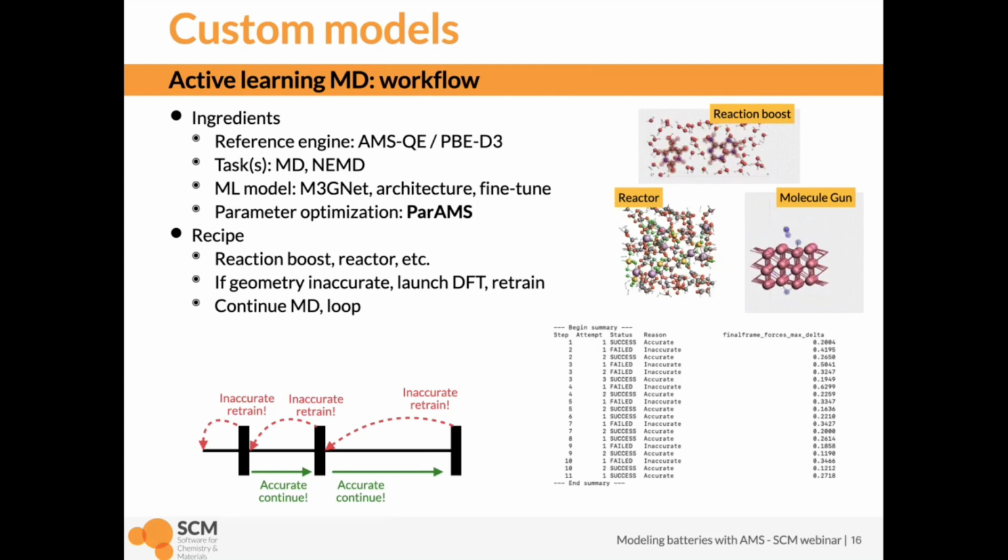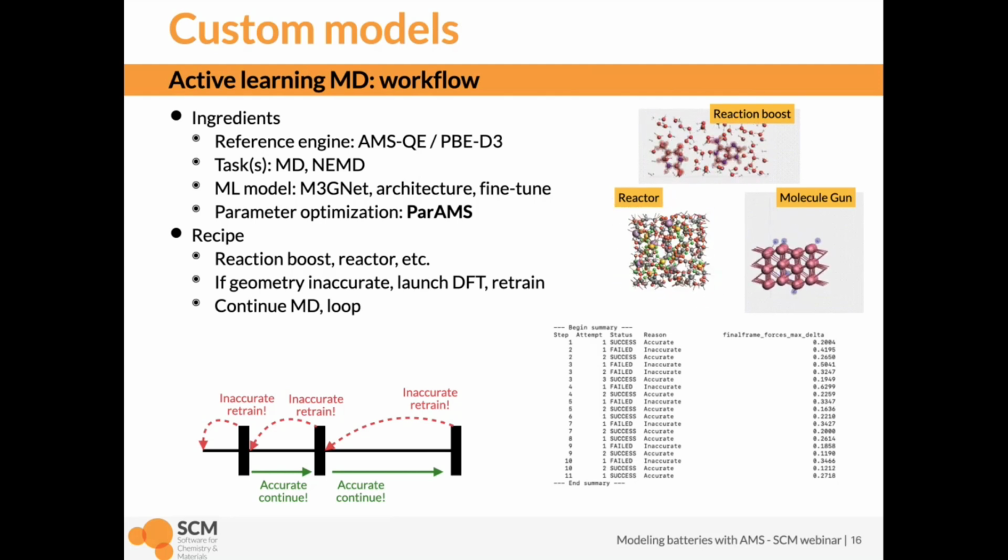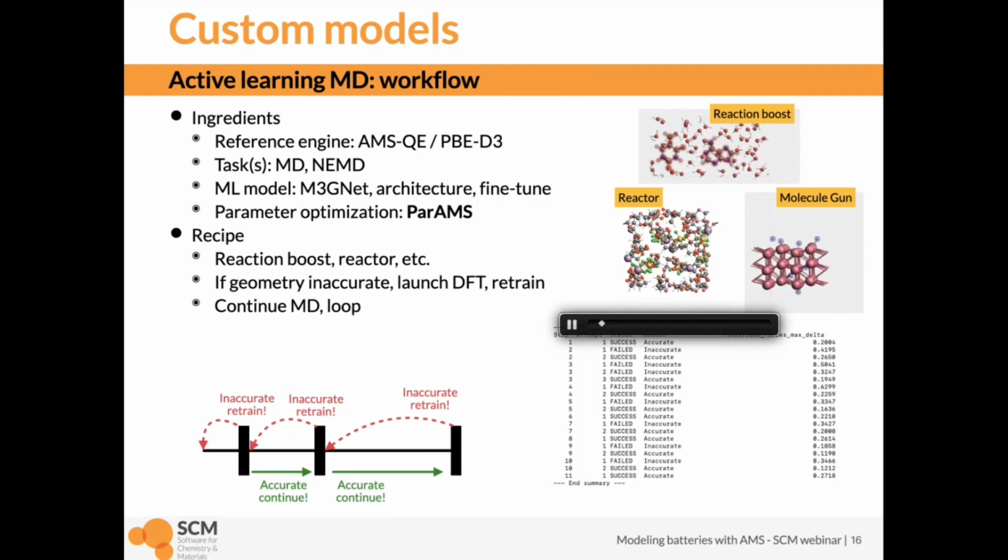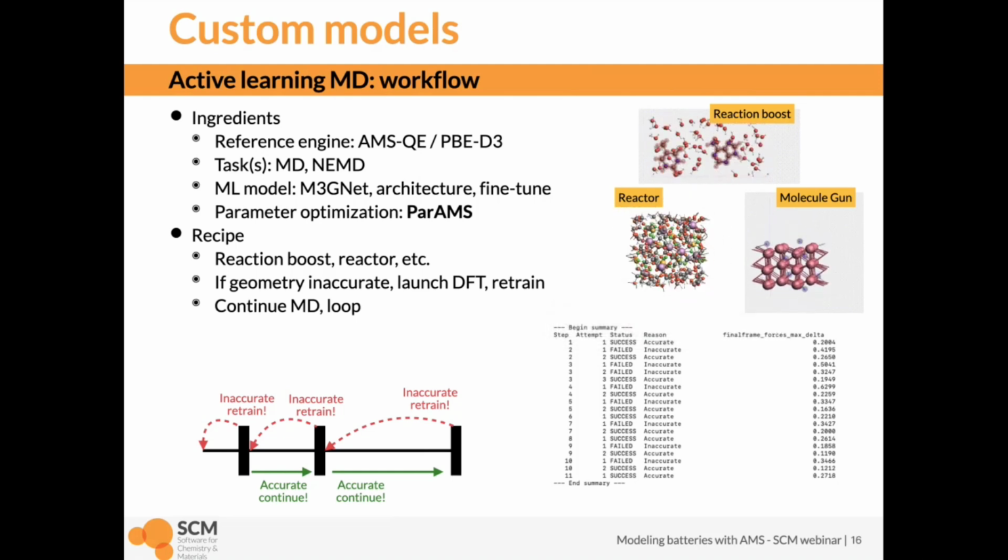Basically what you'll get is the output I'm showing at the bottom right here. I'm not sure if you can see my mouse, but at step one, the first attempt, so this first section, the first check was successful. When it calculated a few DFT or reference calculations, the error was lower than what was defined at first.